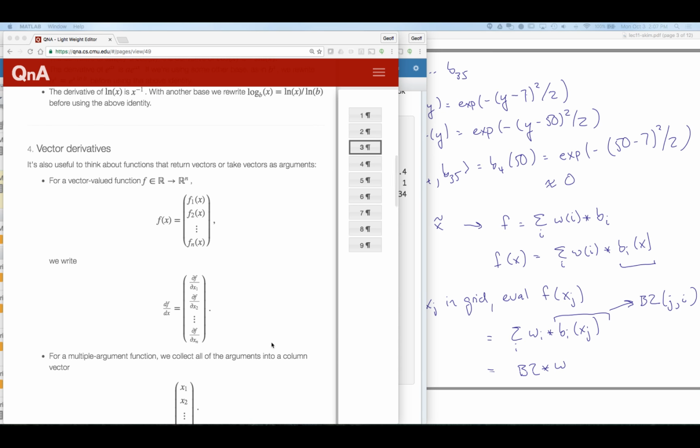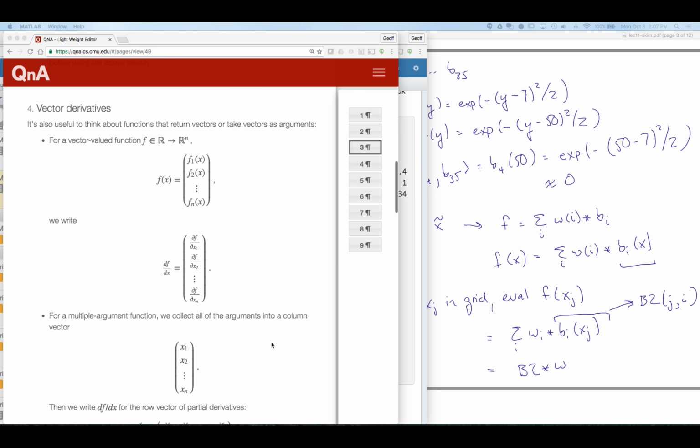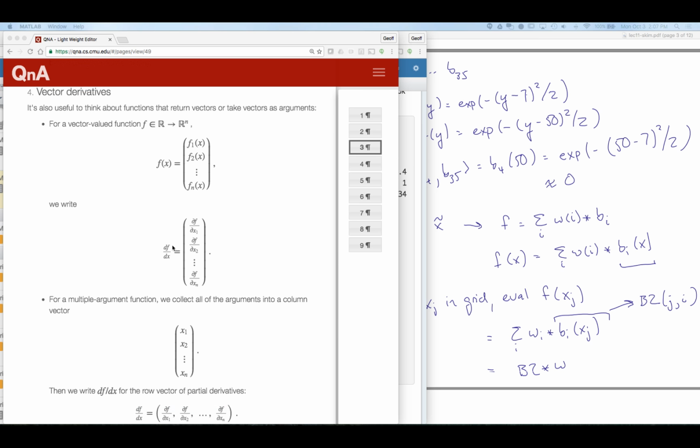We're going to be talking now about derivatives of functions that take vectors as arguments or return vectors. For a vector valued function, we'll write the function as a column vector of its component functions. And then we'll write its derivative as the vector of partial derivatives with respect to x. This is a typo.